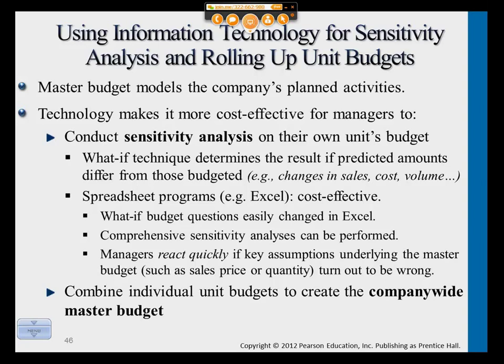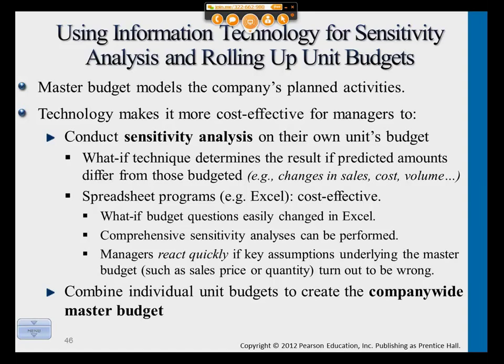For example, if I have a change of sales slightly going up, slightly going down, how it impacts my budget. I'm also going to use spreadsheet programs, right? They're very cost effective. They let me do the what-if budget questions and see the changes in Excel. Comprehensive sensitivity analysis can also be performed, and then managers can react very quickly if our key assumptions underlying the master budget are not quite aligned with the budget.